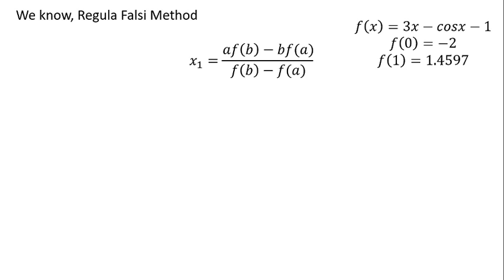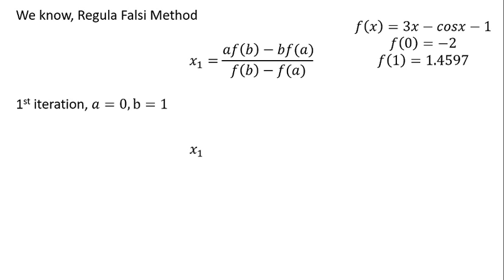This is the formula of the regula falsi method. Now put the value of a and b. In the first iteration, a is equal to 0 and b is equal to 1, because we already know f of 0 is minus 2 and f of 1 is positive.